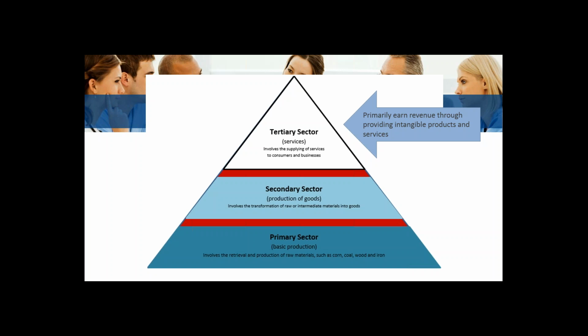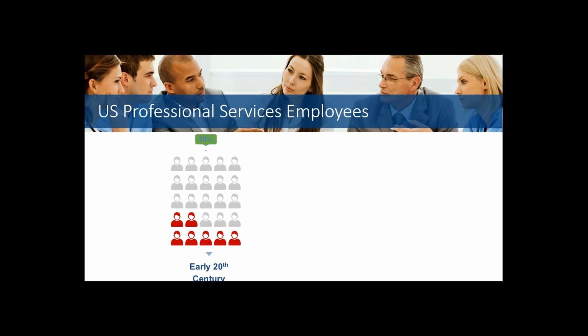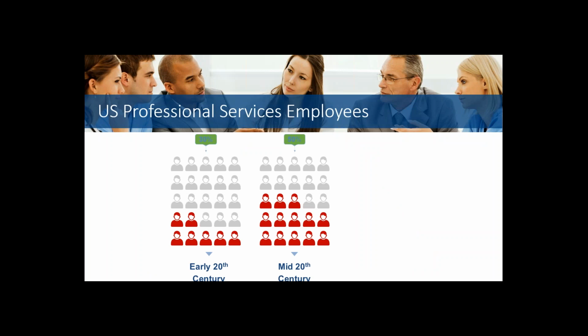And so as we look further at the U.S. specifically, professional services in the early 20th century, only about 30% of total workers in the U.S. were in the service industry. Then as we moved to the mid-20th century, that number grew to about 50%.